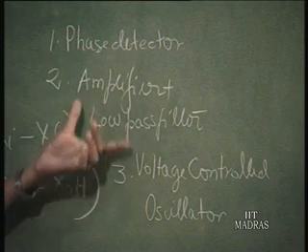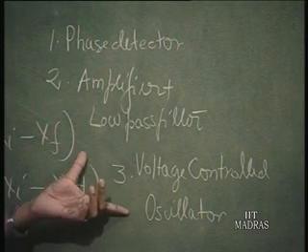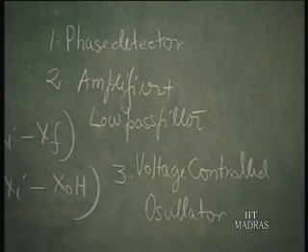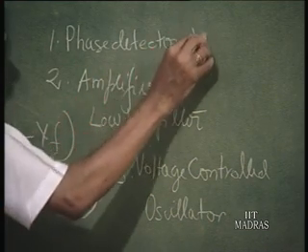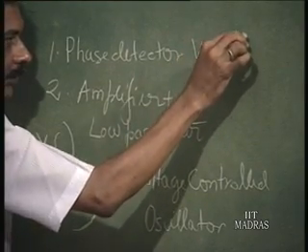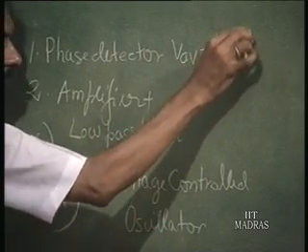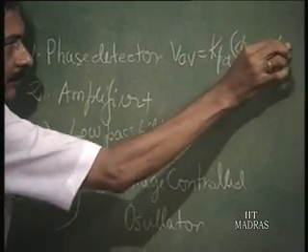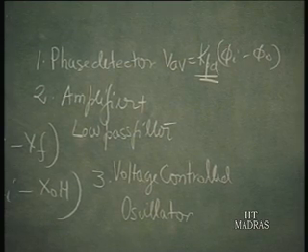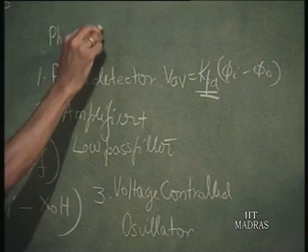So, all these basic building blocks of the phase lock loop have been discussed earlier. Their characteristics we have obtained. What is the phase detector characteristic? It will give you an average output corresponding to some, let us say, kPd times phi I minus phi naught. This particular kPd is called the phase detector sensitivity.